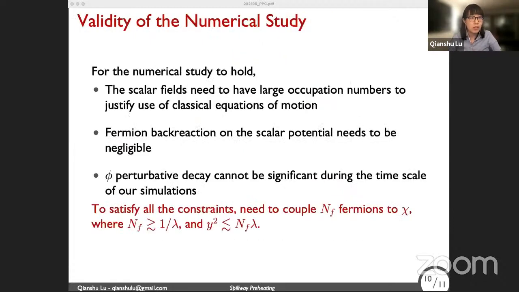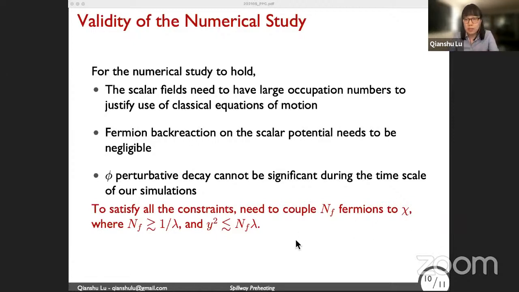Okay. Before I conclude, I just want to touch briefly on the assumptions made in our numerical study and their validity. I have mentioned that in our numerical study, we were solving classical equations of motion for the scalars, and we have modeled our fermions as a perfect fluid. That is making assumptions about the occupation number of the scalars and also the strength of interaction between the fermion and the system.